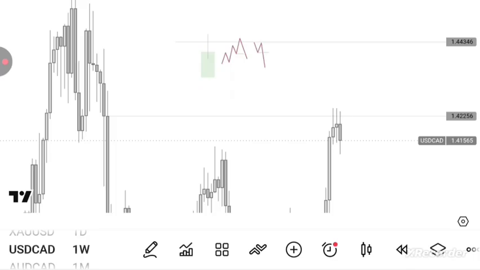Then the next thing I was expecting was a breakout on the daily. It's either price gives me a sweep and a break to the downside on the daily time frame, or price gives me the most recent breakout to the downside. So what did price give to me right here?